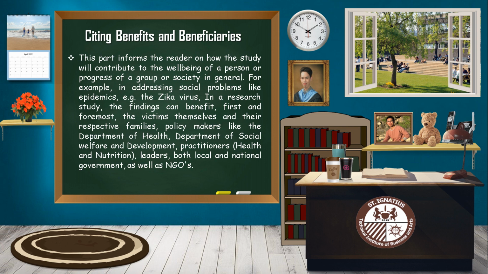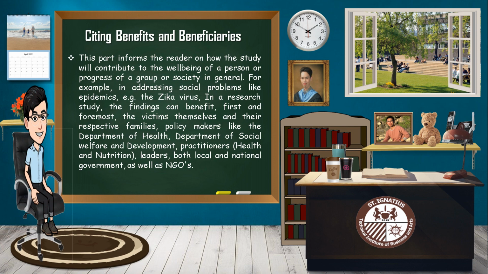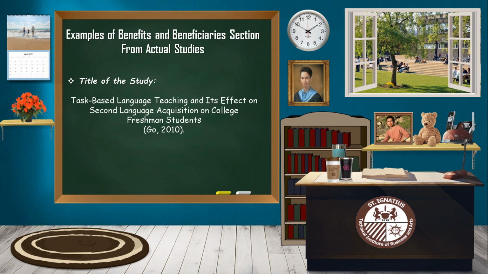Okay, next. Examples of benefits and beneficiaries section from actual studies. So for example, here we have the task-based language teaching and its effect on second language acquisition on college freshman student. So ibig sabihin, yung task-based ba daw na tinuturo ng teacher?